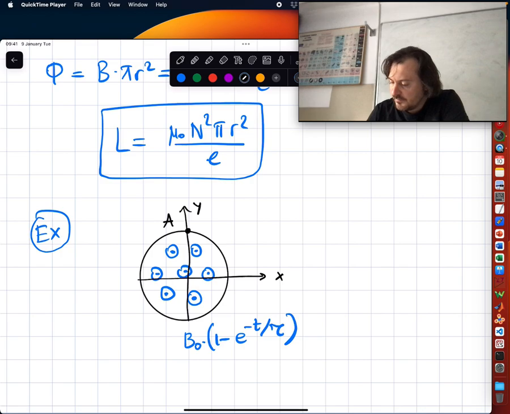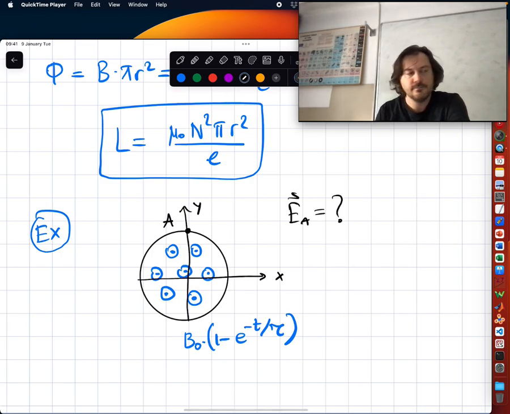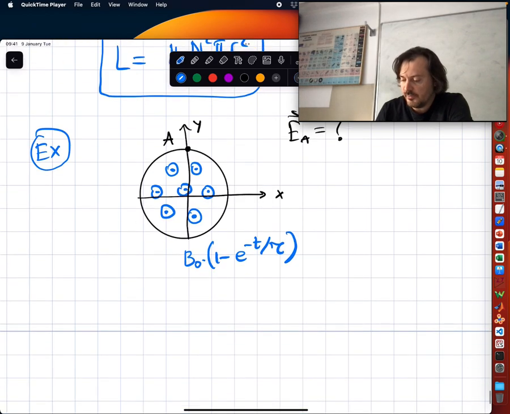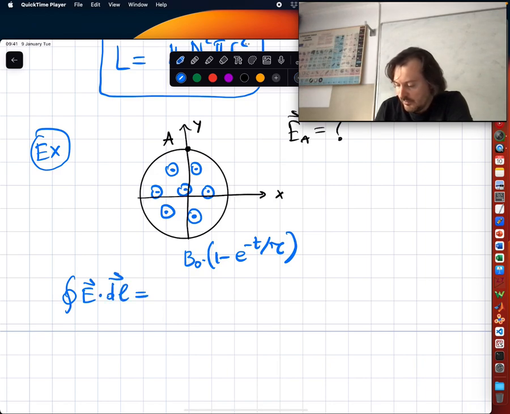Can you find it? E A is what? So, what do you need to use to figure it out? Change in magnetic flux. Change in magnetic flux corresponds to the integral of E dot dl, right? E dot dl is equal to minus d phi B over dt.